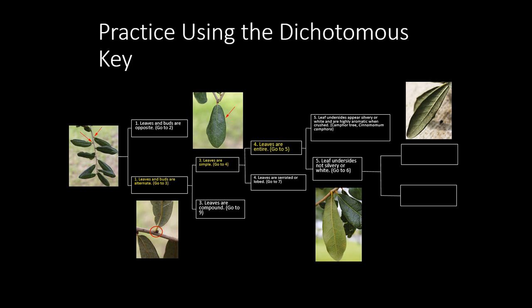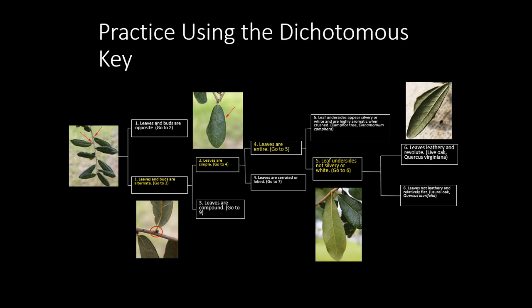And in our group of 10 species, if that was the case at this point, you would have camphor tree, a very common tree that we try not to plant too much anymore. The other option is the leaf is not silvery and white, and again it wouldn't be aromatic when crushed, and that's the case. If you look at that picture, it's not silvery; it's more like a pale green. So we go to 6.